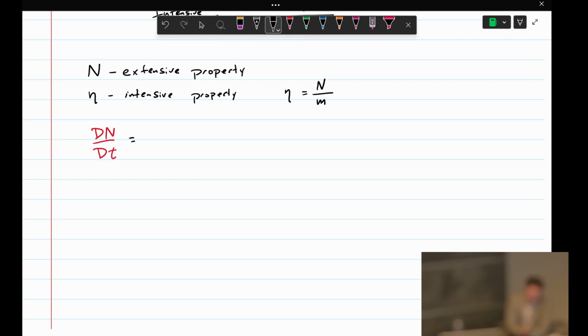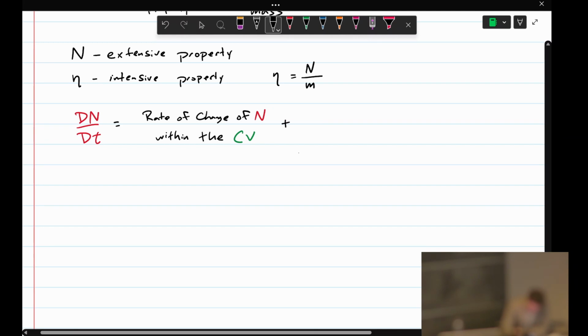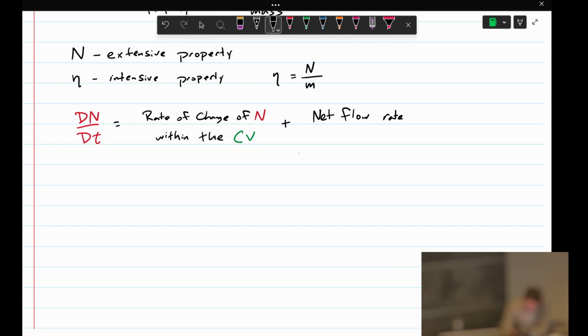The total time rate of change of N inside our control mass is going to be equal to the rate of change of N within the control volume plus the net flow rate of N out of the control volume.